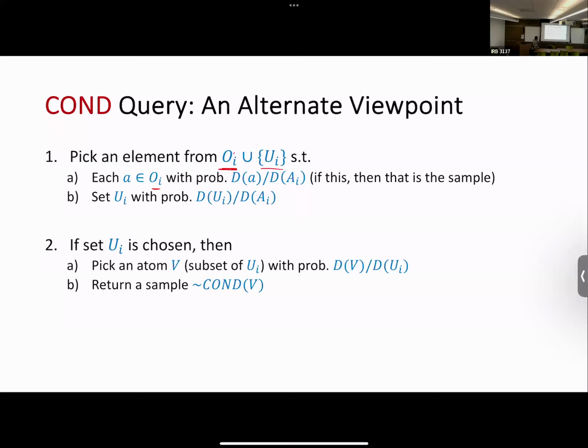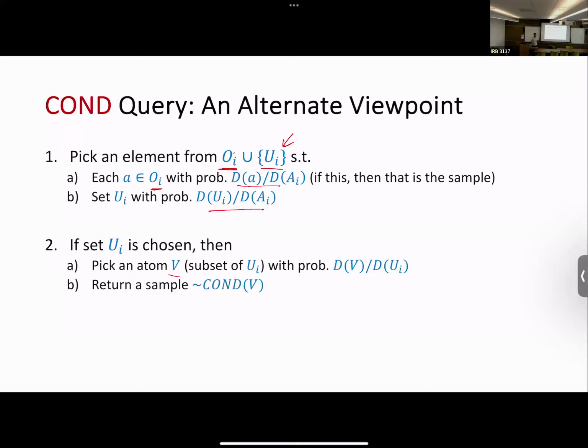Each element from O_i is picked with its corresponding conditional probability, and U_i is also picked with its corresponding probability. If one element from O_i is selected, then that will be my sample. But if this particular set of unseen elements is selected, then we further pick an atom with a conditioning probability, and finally we pick something from that particular atom. That is how we can visualize the general COND.